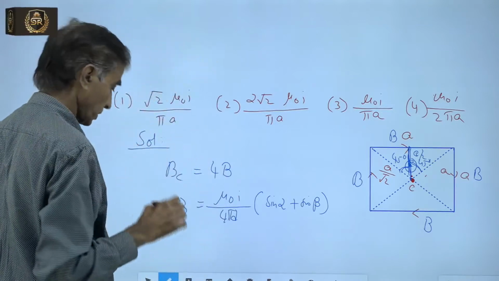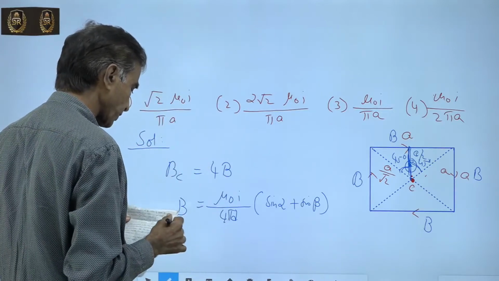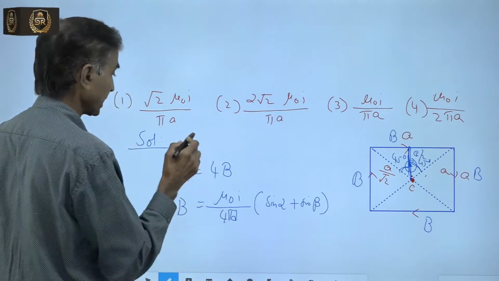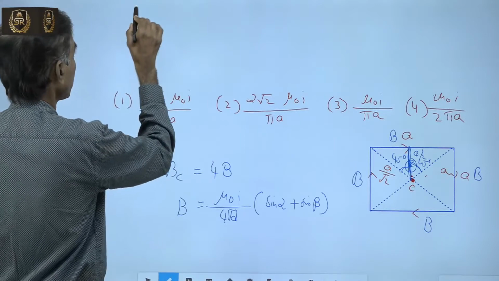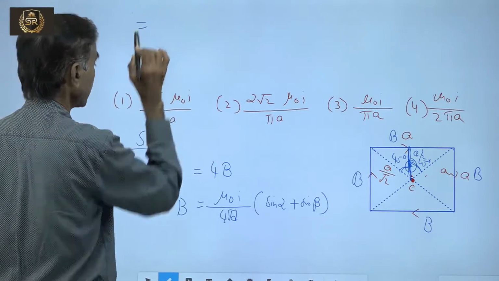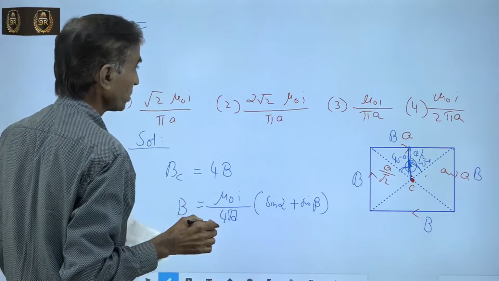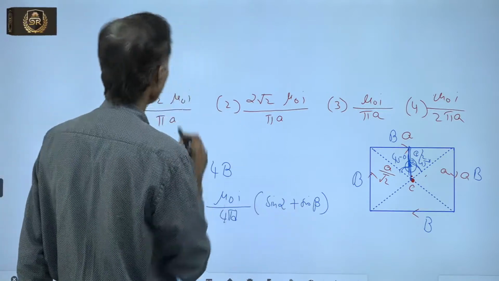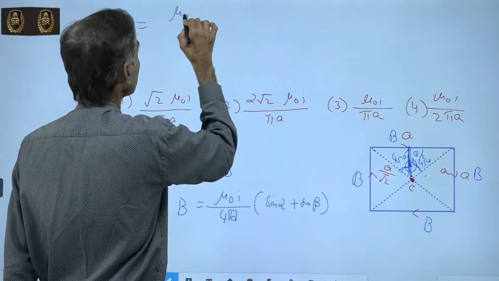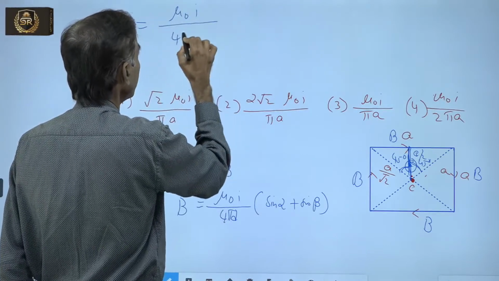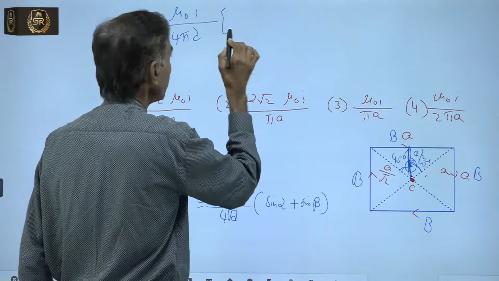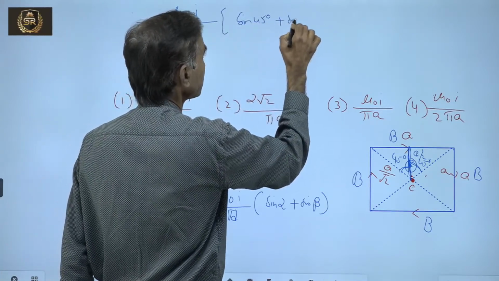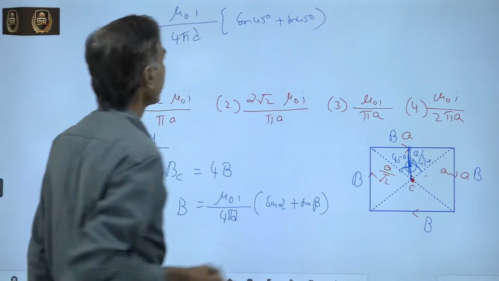The current is given here. What is the current flowing? I only. So the answer is in terms of mu naught I only, so no problem. So mu naught I by 4 pi d into sin 45 plus sin 45.